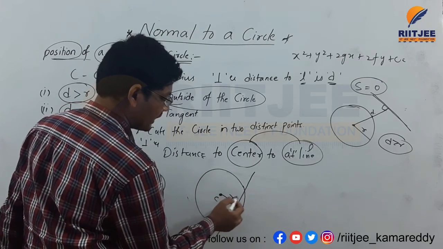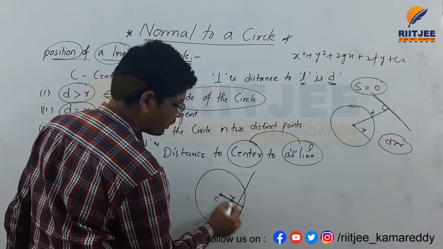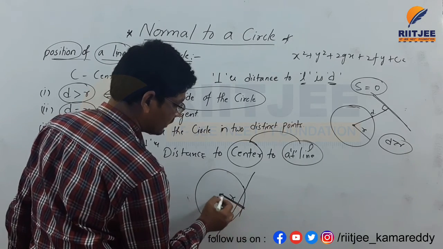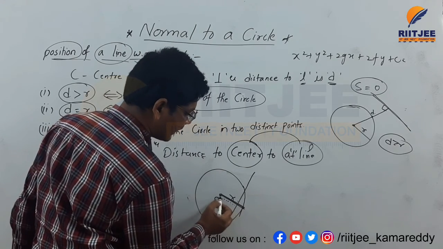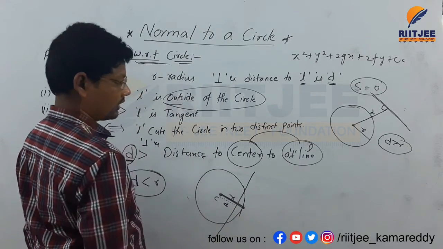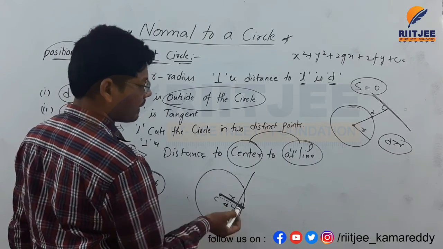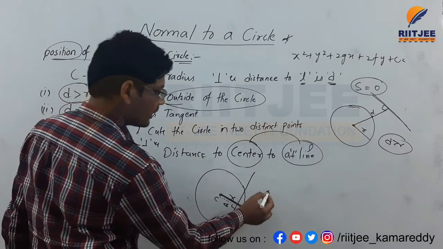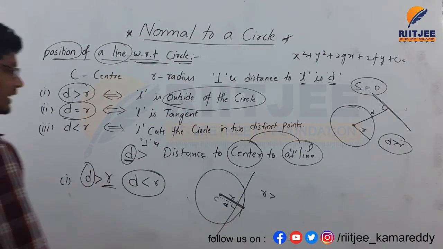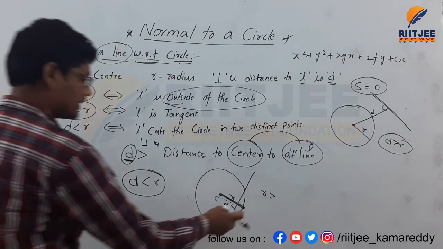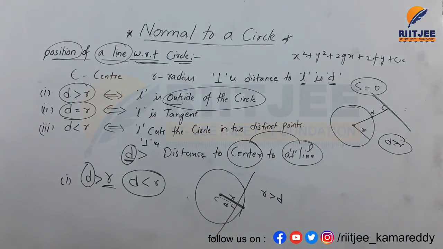The dotted line distance is called D, this is the perpendicular distance to the center.